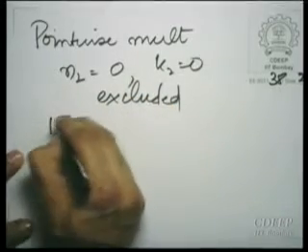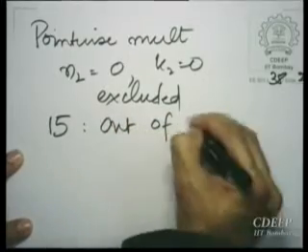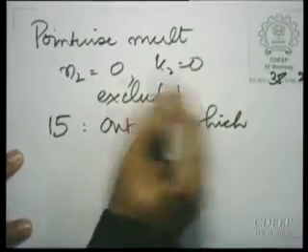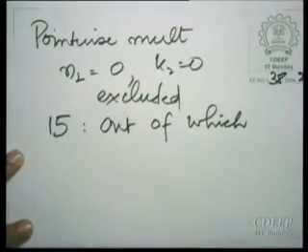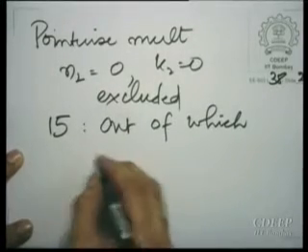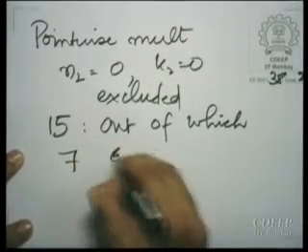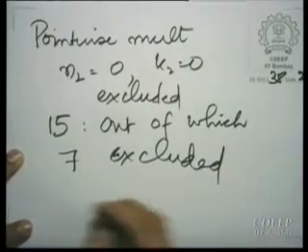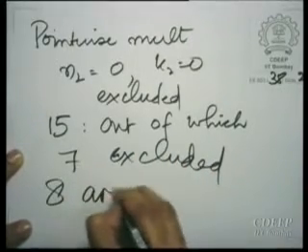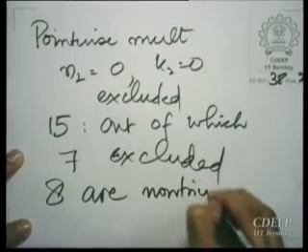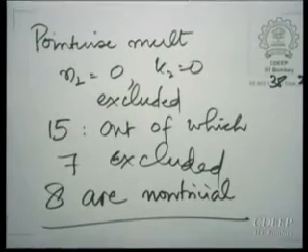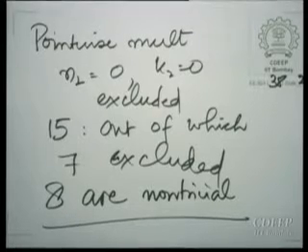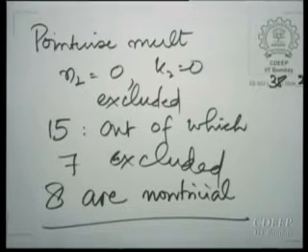You have had in general 15, out of which, if you take k2 equal to 0, that itself cuts out 5 of them, and therefore you have only 4 plus 4, 8. 7 are excluded. 8 are non-trivial. Is that correct? 8 are non-trivial.